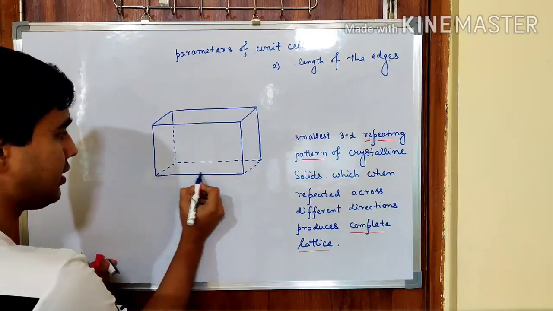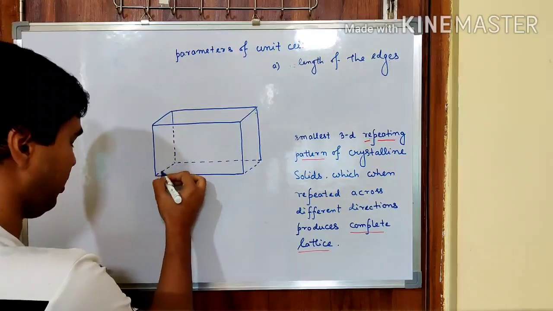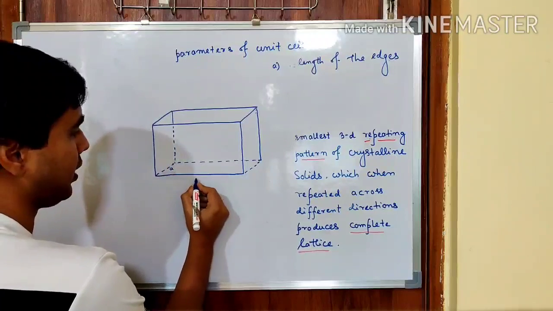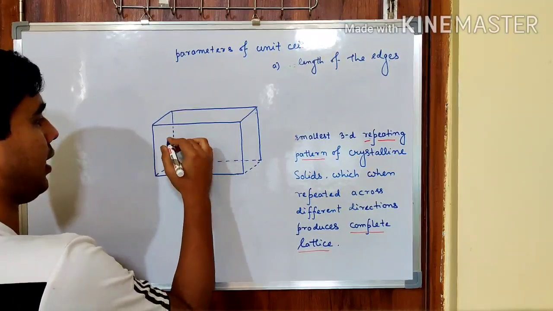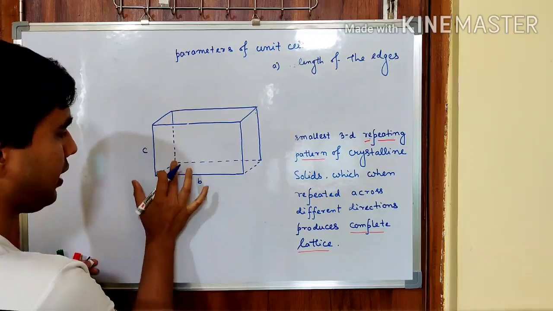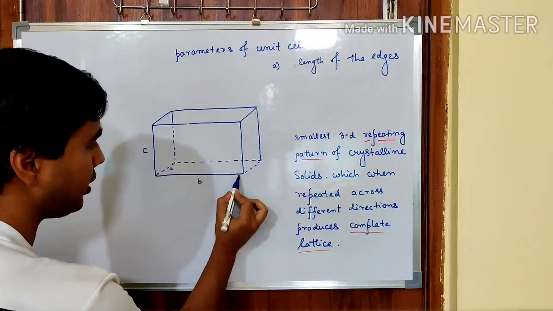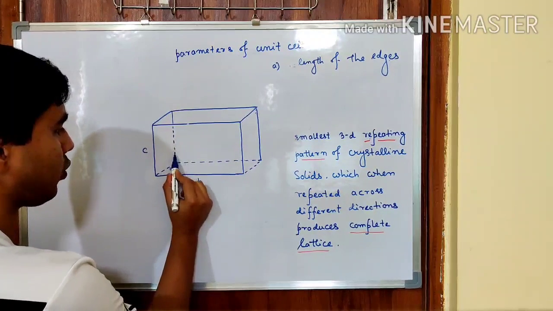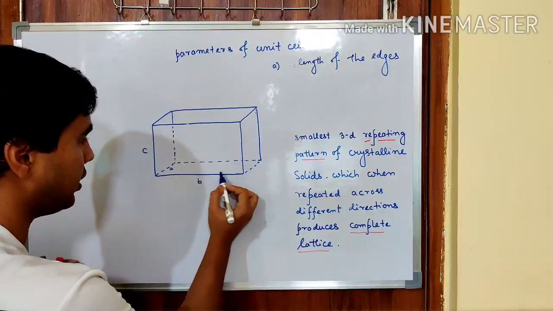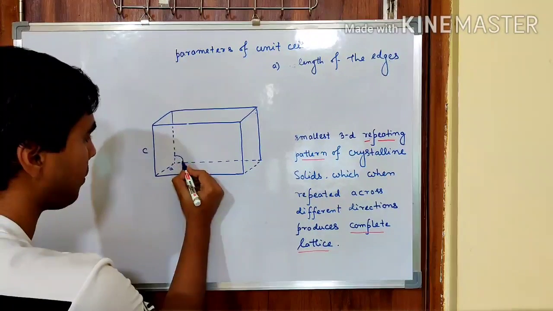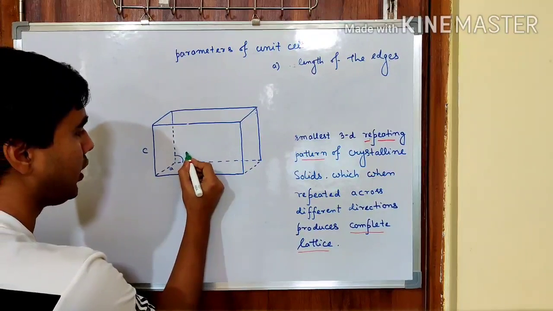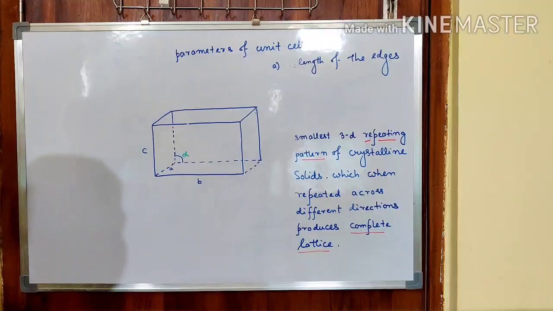If this edge I am talking about is A, and if this one is B, and if this one is C. So we have taken 3 edges, A, B and C. If this one is B, this one is also B. Now if we are talking about the angle between B and C, remember this line is also C and this line is also B, we can call this angle alpha.